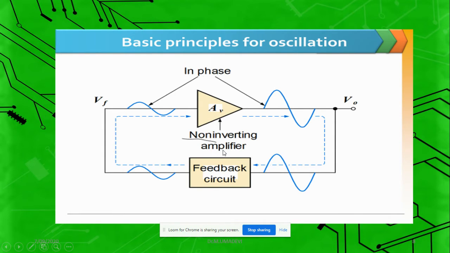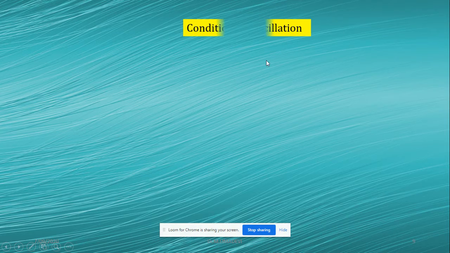That is, it amplifies the signal. Then the amplified output is given to the feedback circuit, where the amplitude will be decreased and we get a feedback voltage. So that means the feedback voltage and the output voltage are in phase. This is the basic and fundamental principle of oscillation.